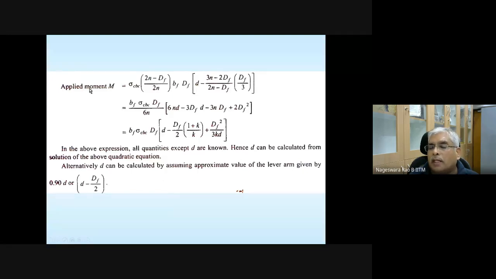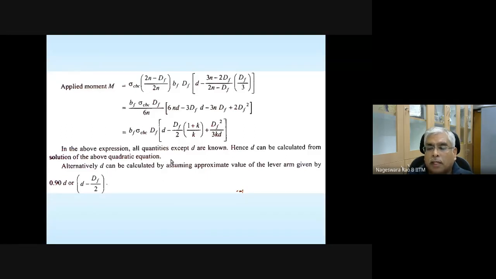The applied moment is the moment you are applying on this beam, or the moment which this beam has to withstand. So everything is known in this equation except small d. In the above expression, all quantities except d are known, hence d can be calculated from the solution of this quadratic equation. So this is one way of getting your effective depth.